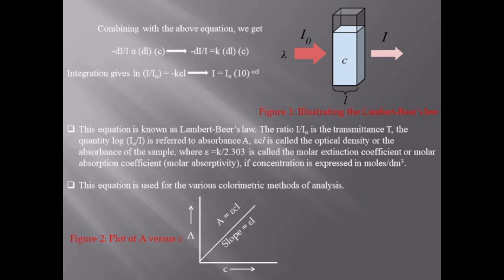This equation is known as the Beer-Lambert law. The ratio I by I naught is the transmittance and the quantity log I naught by I refers to the absorbance. Epsilon c l is called the optical density or the absorbance of the sample.